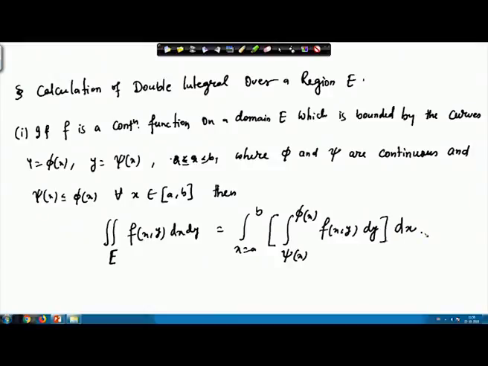So, this is the way we define the double integral on a region E.